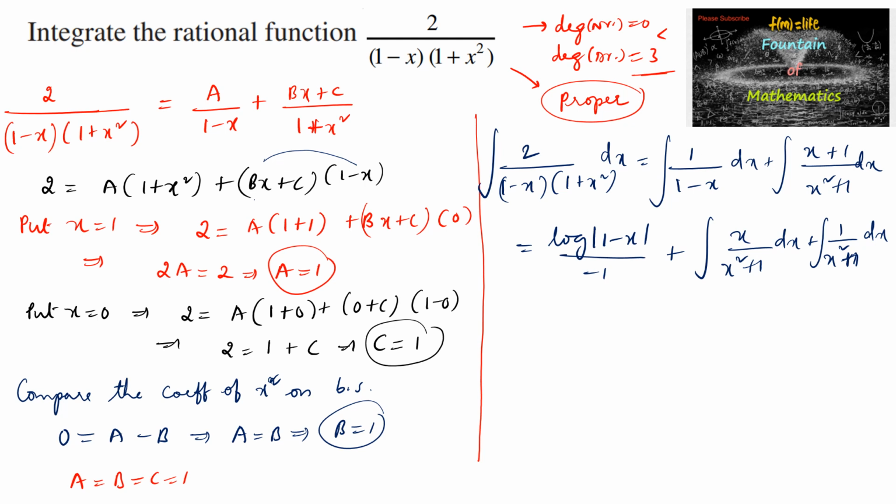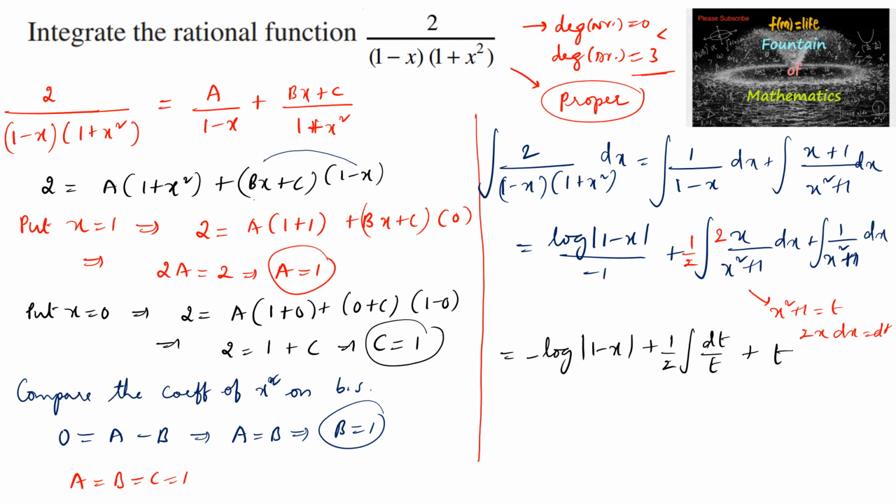So let us multiply and divide with 2 here. So by substituting x square plus 1 is equal to t, so we get 2x dx is equal to dt. So our integral can be written as dt upon t, that is log t. So I can write minus log mod of 1 minus x plus 1 by 2, it is nothing but integration dt upon t, plus integral of 1 upon x square plus 1 is tan inverse of x.